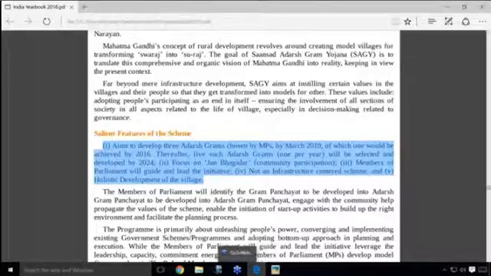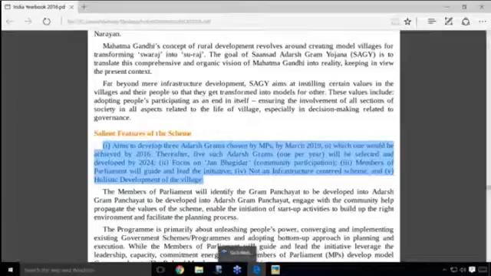Can you see this? They may ask you to consider the following regarding Sansad Adarsh Gram Yojana, and among the salient features they may say that it is an infrastructure centered scheme. They may remove the word not. At that point you may think, okay, maybe this is an infrastructure centered scheme, and you will not have clarity.